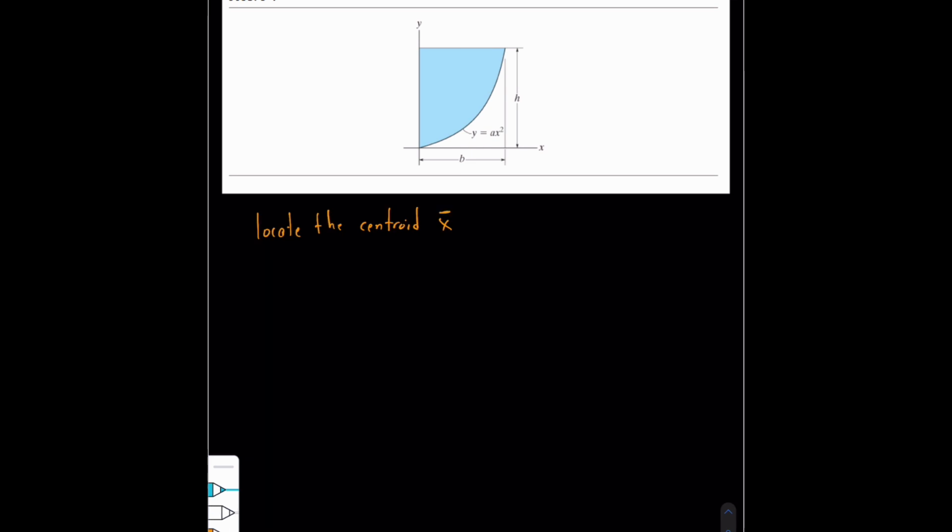Now recall that the equation for the centroid was going to be x centroid is equal to the integral of x2 times dA divided by the integral of dA here. And as before, we said that we need a horizontal strip because we are trying to find the centroid in the x right here.